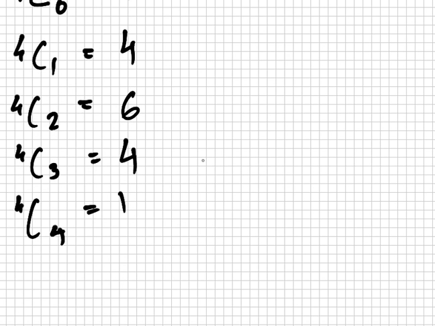So this is 1. What's this on your calculator? 4. Next, 6, 4, and 1. Do you know where it is on the calculator? It's usually on the divide button, not always. Do those numbers look familiar? Yeah, from Pascal's Triangle. Yes.